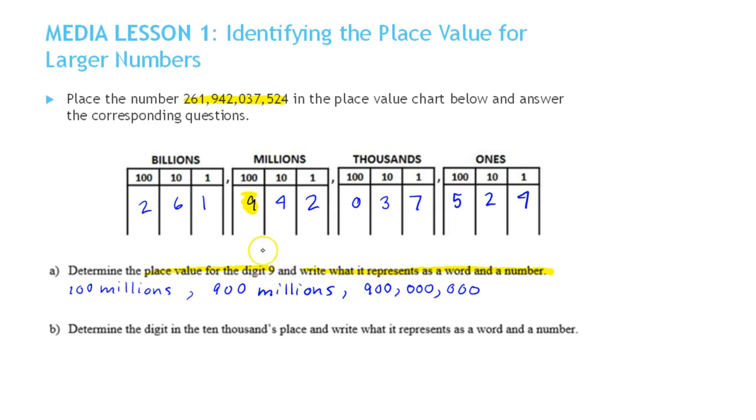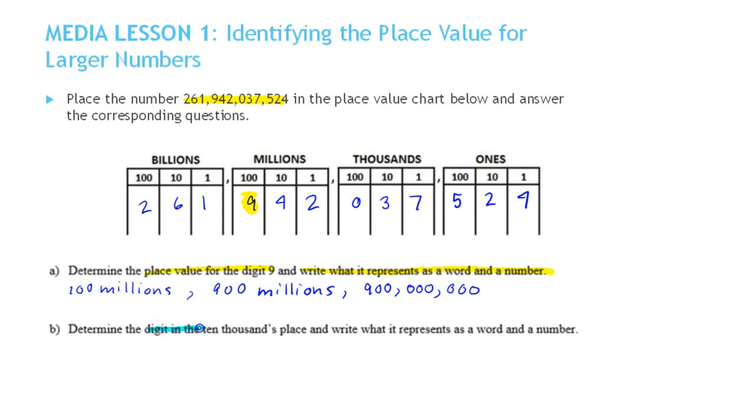So this digit 9 represents 900 million, and that's the number that it represents. So you can see why this place value is handy, because we certainly don't want to write this number just to represent the 9 in this spot. Let's look at the next one.